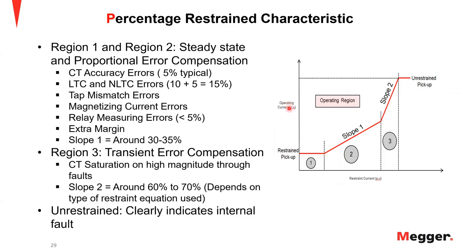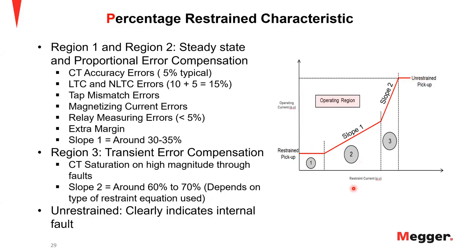Here I have a pictorial representation of slope characteristics where I have the restrained current on the x-axis and operate current on the y-axis. So these lines you see here are nothing but your slope characteristic or the restraint characteristic. The first line you see here is your pickup point for your differential relay. And the second line you see here is your slope 1, followed by a second slope and an unrestrained pickup.